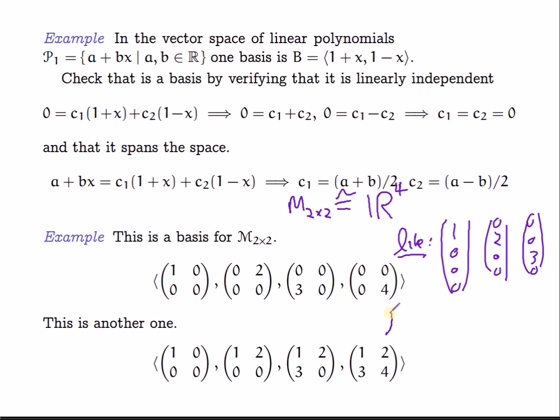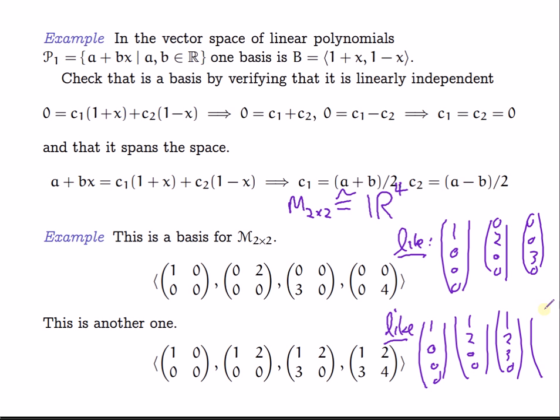Now the second example of a basis looks like (1, 0, 0, 0), (1, 1, 0, 0), (1, 1, 1, 0), and (1, 1, 1, 1). You can see that these are linearly independent because in any linear combination of these that makes 0, the coefficient of the last one would have to be 0, because the last vector is the only vector that has a non-zero fourth component.